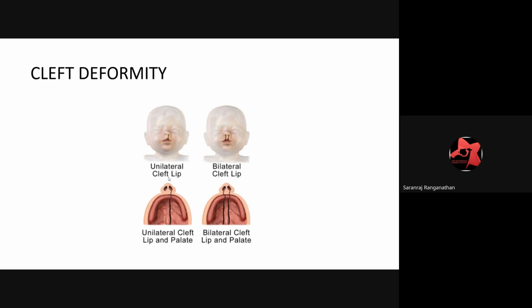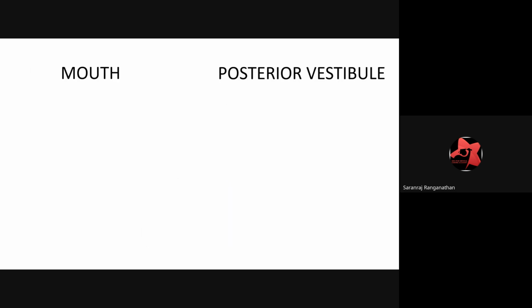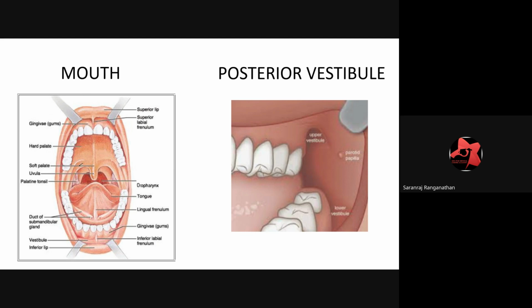Okay, so you can see this is a unilateral cleft lip and this is a bilateral cleft lip. And the inner transverse image of the cleft lip is given here for the unilateral and bilateral. They will correct it by surgery, and based on whether it is unilateral or bilateral, for an upper lip or lower lip, we have to select the CPTs in the surgery part.